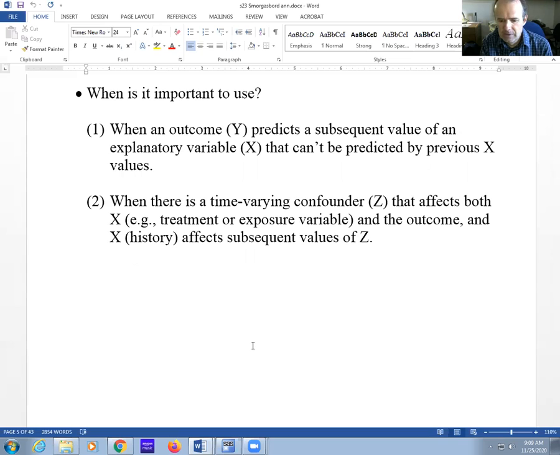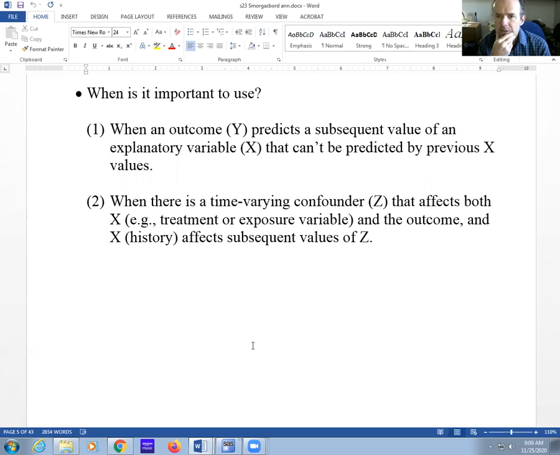It wouldn't make sense to have the outcome and then later in time the predictor, because how can X cause Y if it came later in time? So usually the predictor is the first thing in time, and then some amount of time lapses, and then it's going to affect Y.